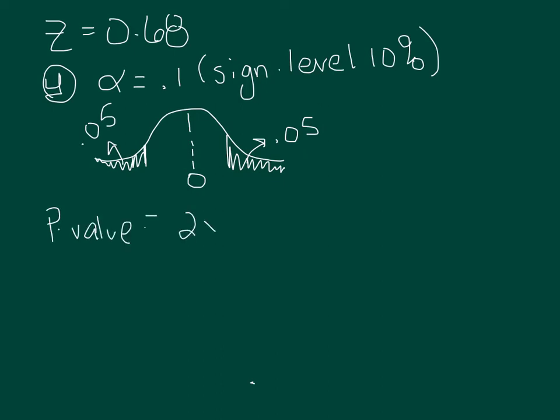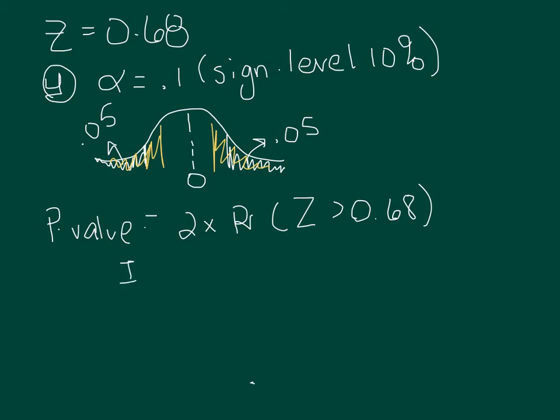It's 2 times the probability that z is greater than 0.68. We have to account for the fact that we want a little bit on each side, so we multiply by 2 to get the probability on this side plus the probability on this side. So we're splitting that difference, and that's how we're getting 2 times.